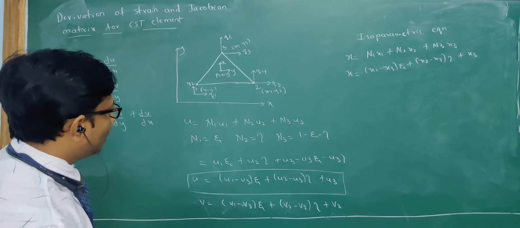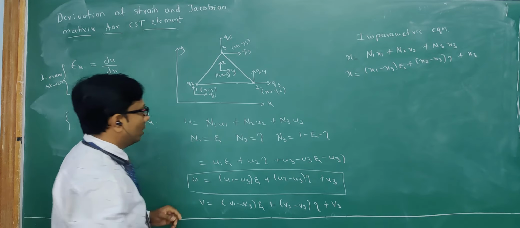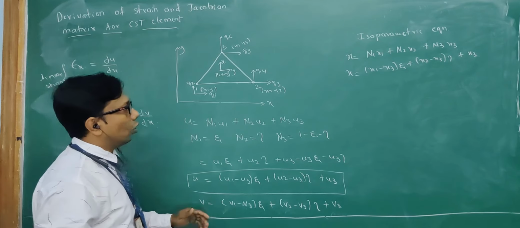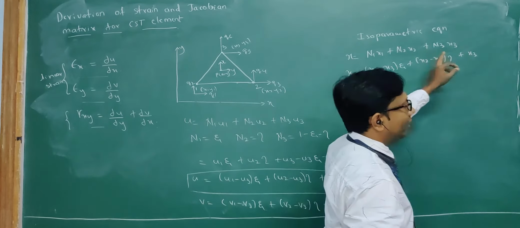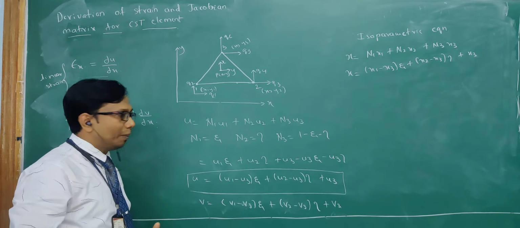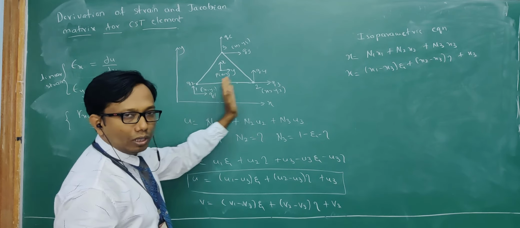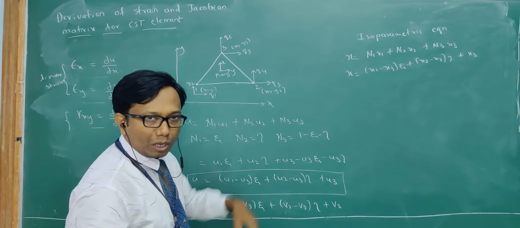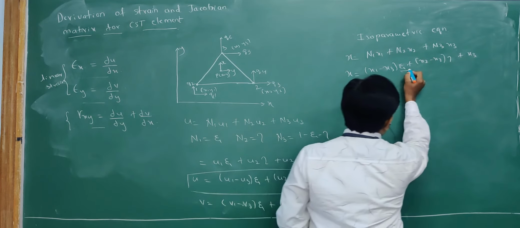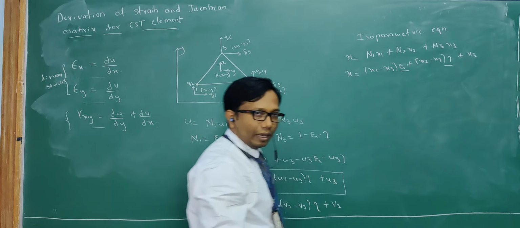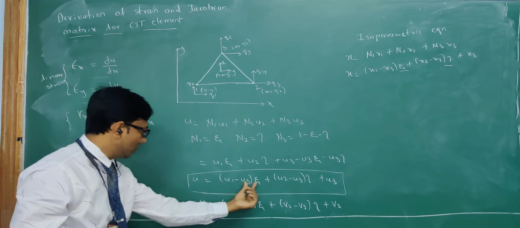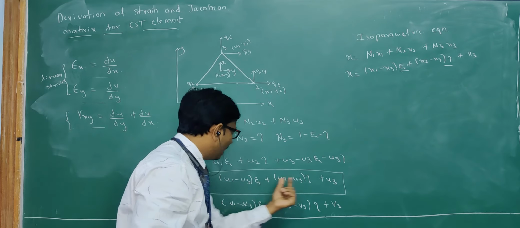So what I'm trying to tell you is, if you observe, displacement u and displacement v are always functions of zeta and neta. Whenever a displacement u has to happen, there should be a displacement along the x-axis. If you see this equation here, x is a function of zeta and neta. If x is a function of zeta and neta, u is also a function of zeta and neta.